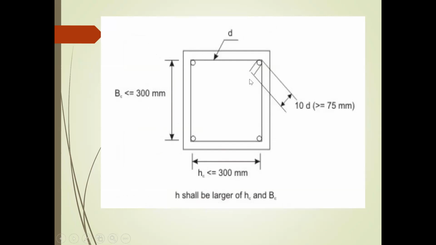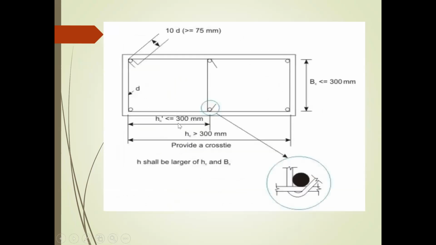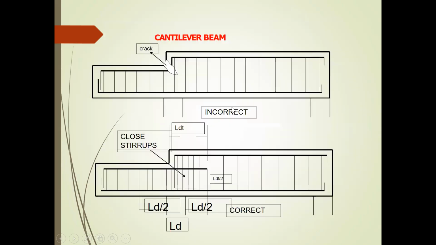This is a 10 dia, that is 75 mm. H shall be larger than Hc. You understood what I mean to say? H is larger than Hc. Like this, here I provide the cross-tie reinforcement, how it is provided. All these things have been explained in these sketches.